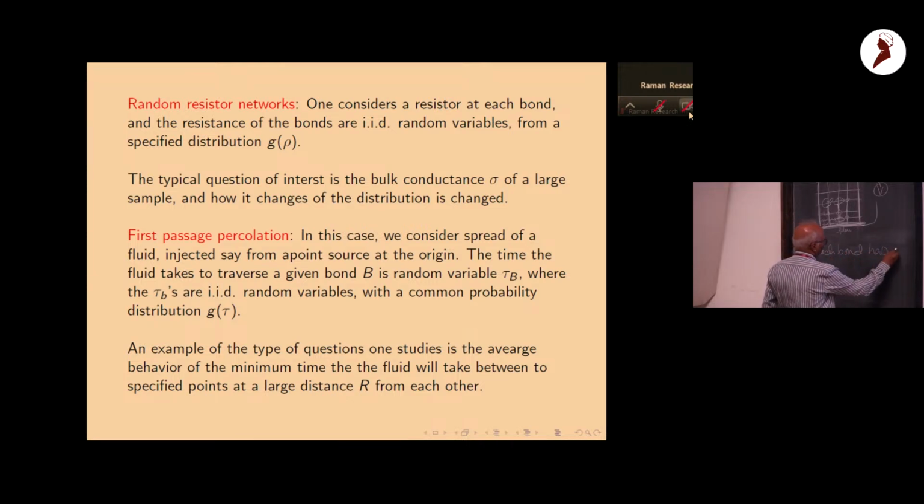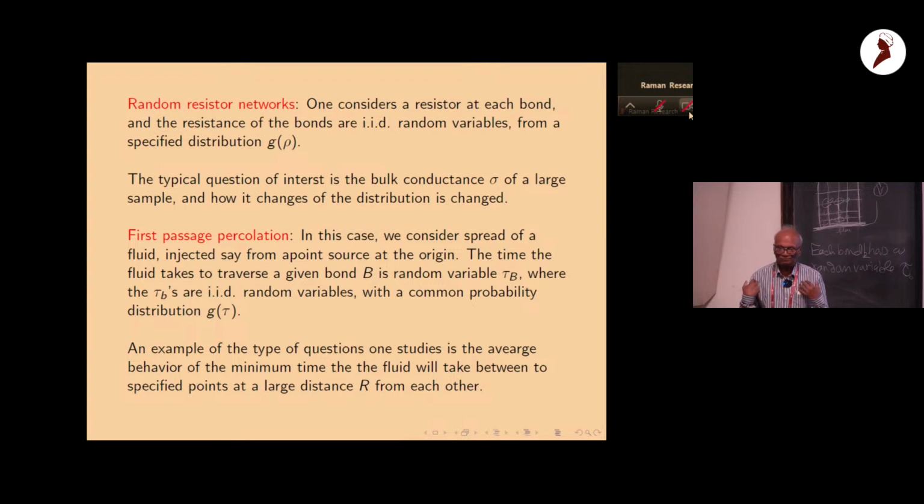has a random variable tau, and we will put an index B for each bond B. Okay? And these tau B are independent random variables.